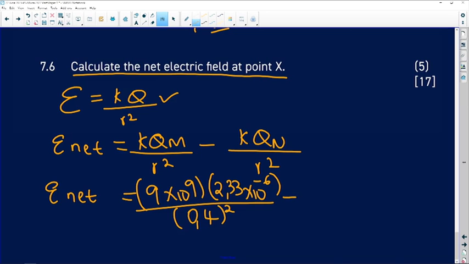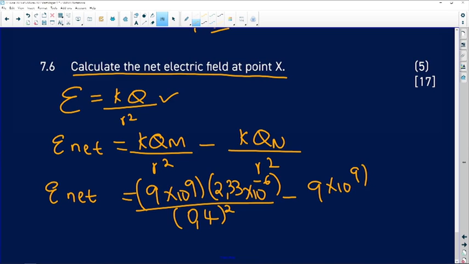Minus, K is constant, 9 times 10 to the power 9.